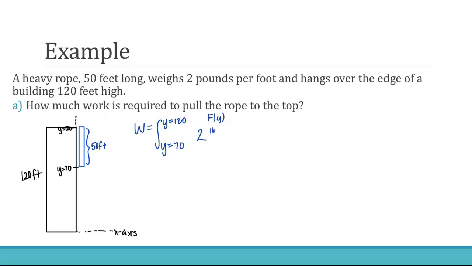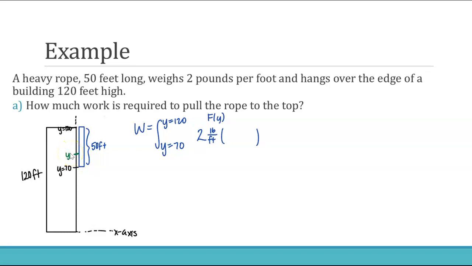But the force is going to decrease over time depending on how much rope is left over. To represent how much rope is left over, let's pick an arbitrary y value between 70 and 120 to help us think about this.